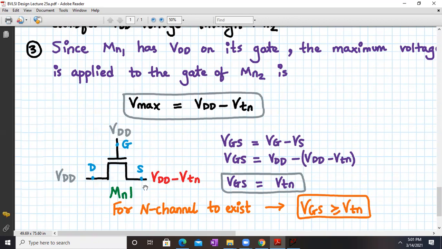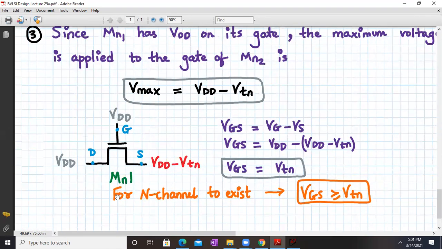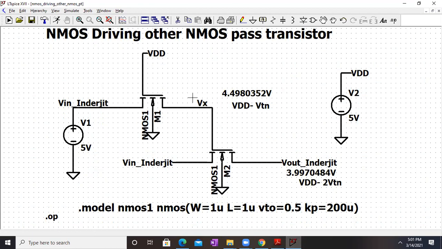If the source voltage is VDD, then your VGS value becomes 0, which is not valid, because the N channel cannot exist. For the N channel to exist, VGS has to be greater than or equal to VTN. For this to happen, the source voltage should be VDD minus VTN. That is why at the Vx value, we are getting a maximum value of VDD minus VTN. I hope this is clear.